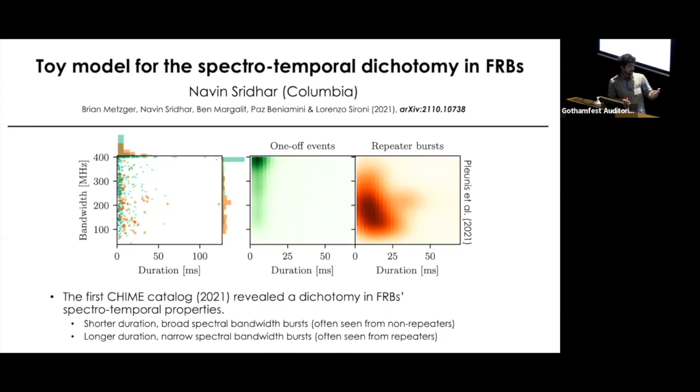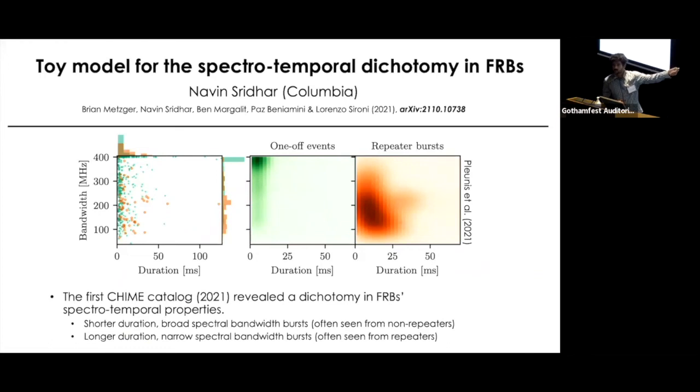Recently, the Canadian CHIME instrument, which is the workhorse of FRB discovery, put out their first catalog containing more than 500 FRBs. And this catalog revealed a very interesting dichotomy in FRBs. Here you see the one-off events, and in the right panel you see the repeater bursts.